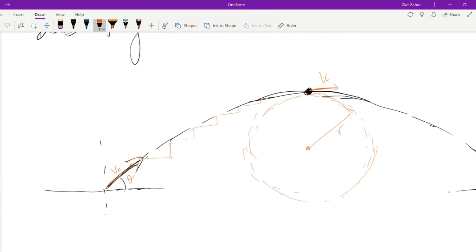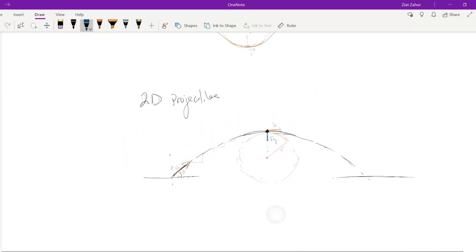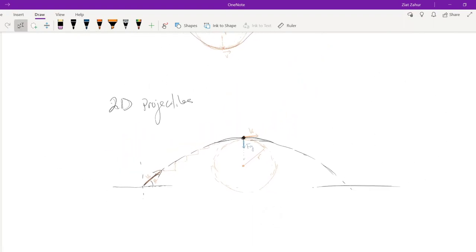You're going the slowest, but you're not going zero. Only the y component is zero. However, the force vector is straight towards the center of the circle. And since it points towards the center, we can say that for a 2D projectile at the top, we are at UCM. Only at that instant point, at that instant moment in time when we reach the apex.